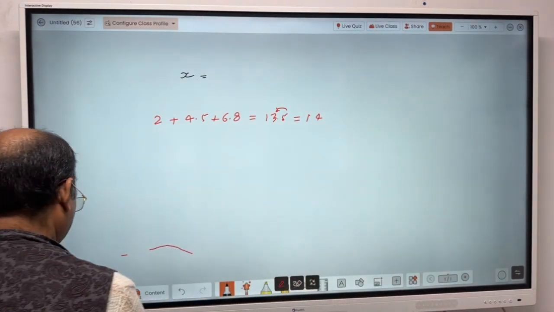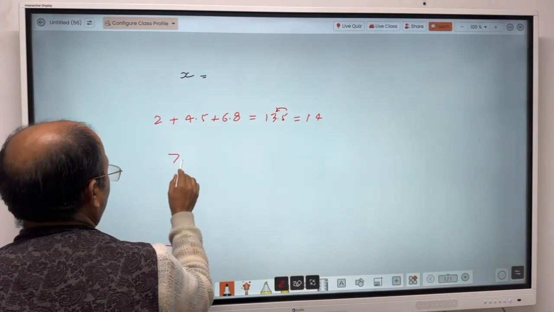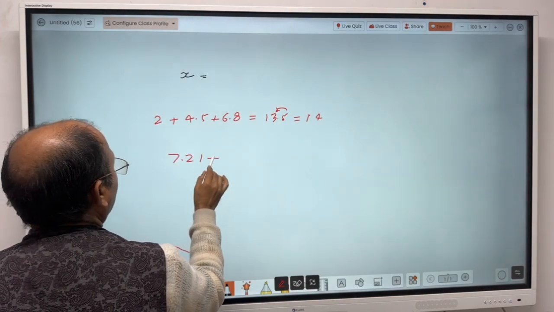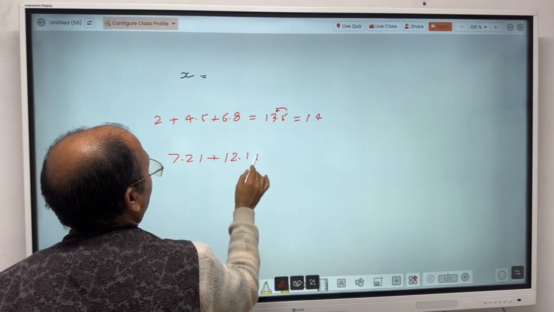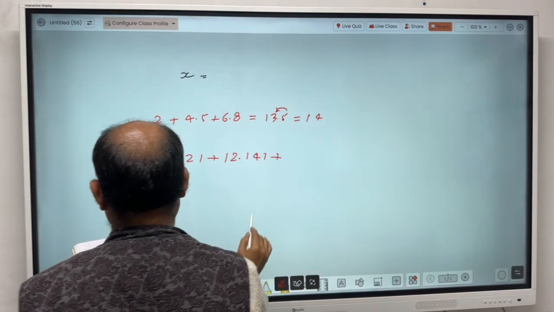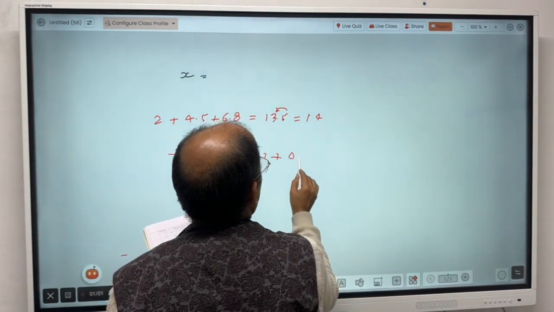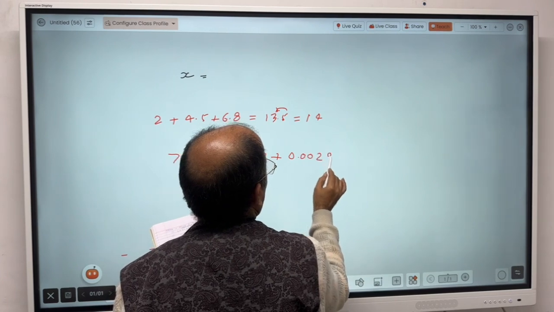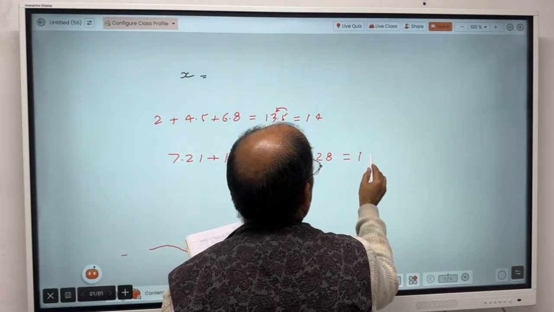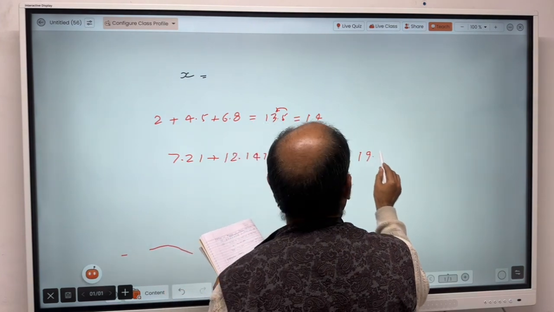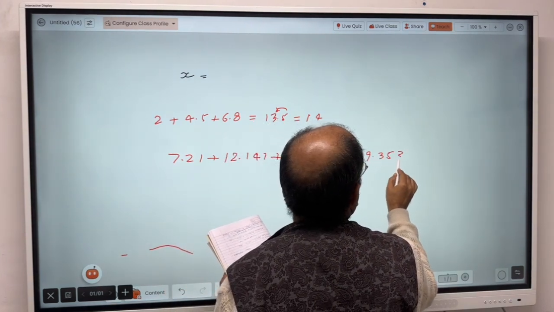Take another example. Suppose we have 7.21 plus 12.141 plus 0.0028. We find the addition. It comes out to be 19.3538.